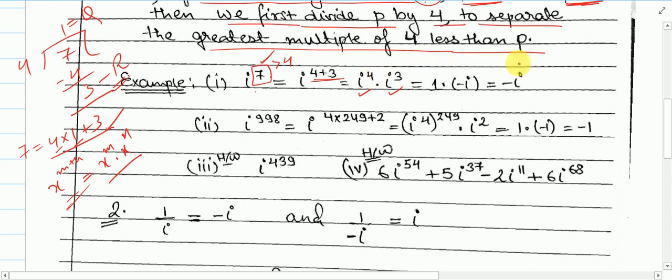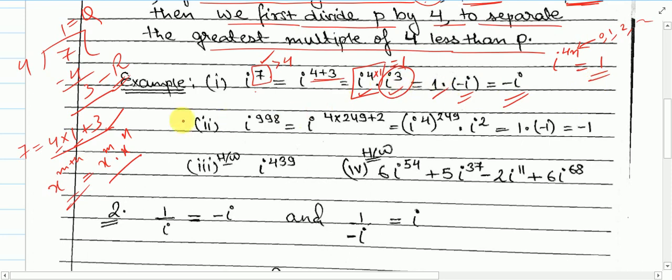And just now I told you that for i to the power 4n, we always have 1, where n can be 0, 1, 2, and so on. So in our case, we have i to the power 4 into 1, and this will be equal to 1. So I got 1, and i cubed is minus i, so the answer comes minus i.